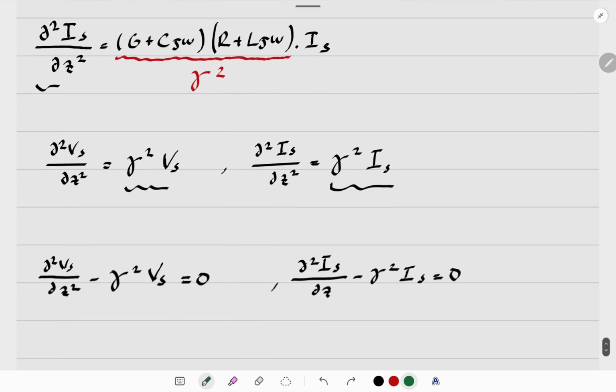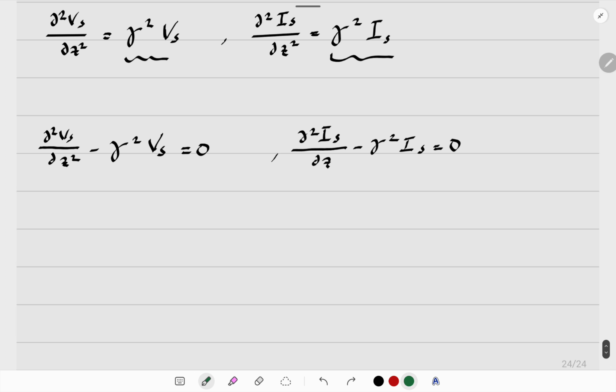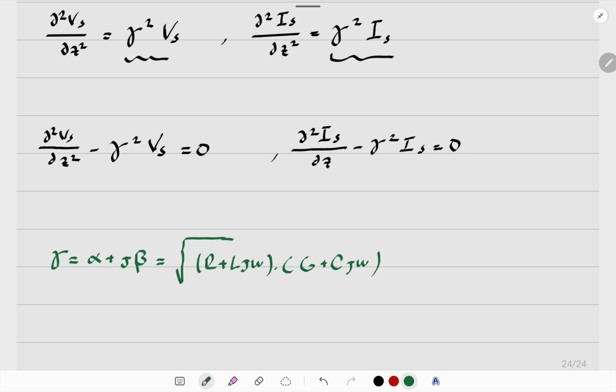Also, we can say that gamma is equal to alpha plus J beta, and it is equal to the square root of R plus Lj omega times G plus Cj omega.